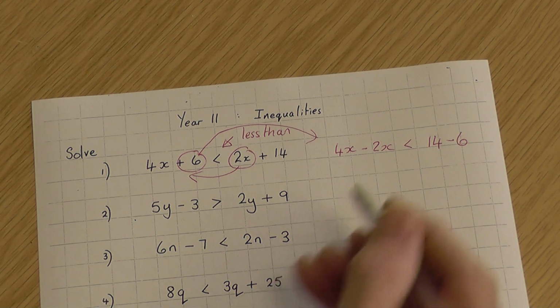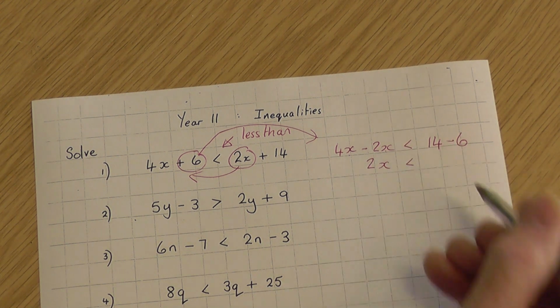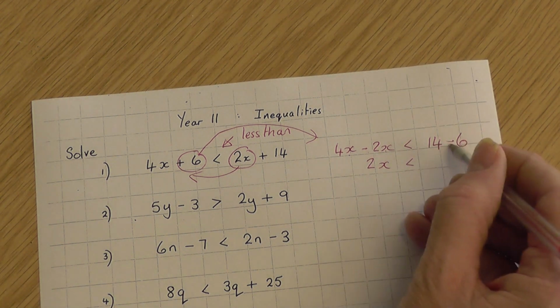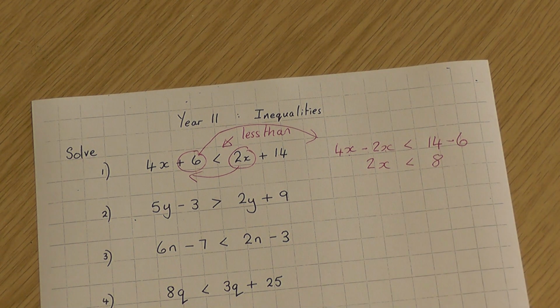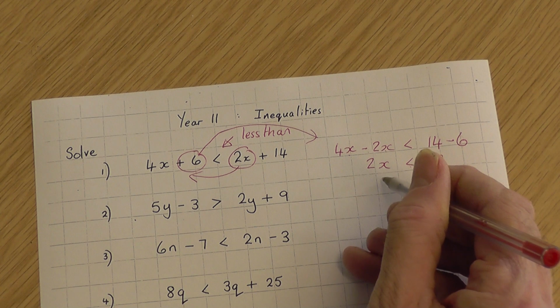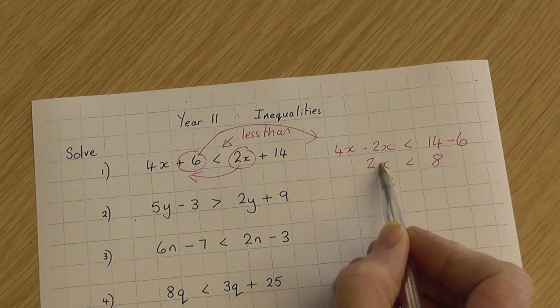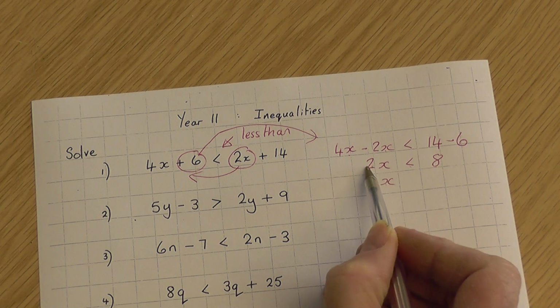Now tidy up. So 4x take away 2x is 2x on the left, is less than, and on the right hand side 14 take 6 is 8. So we've got 2x is less than 8. We need to find out what x is, so you've got to get rid of that 2. Now 2x means 2 times x, or x times 2.